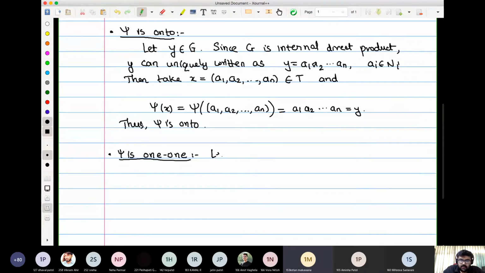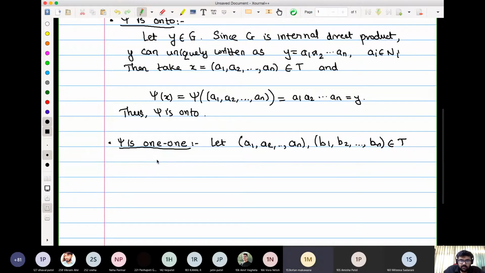So let a1, a2, an be an element, and another element we take b1, b2 up to bn. Both we have taken from T. Then apply psi, so psi of a1.